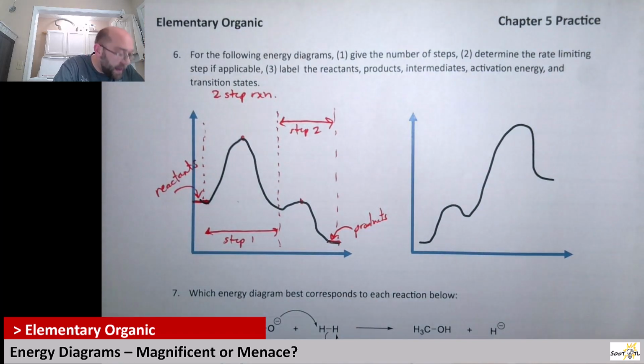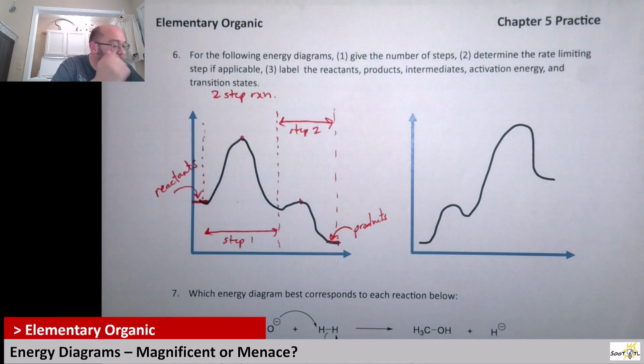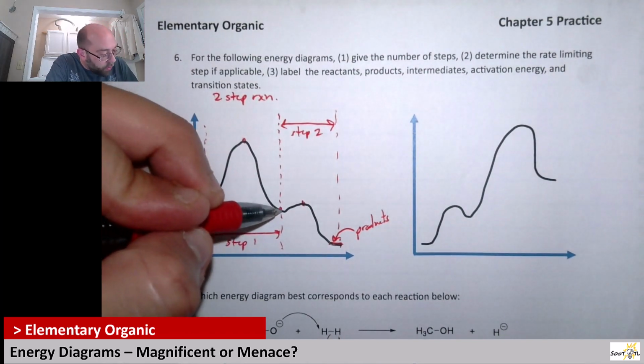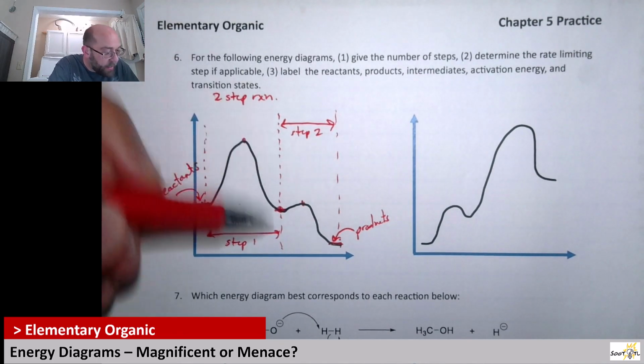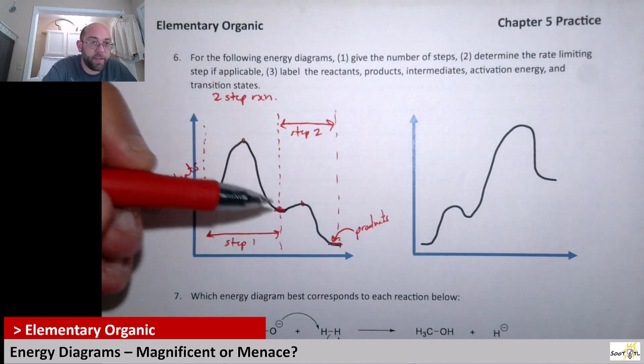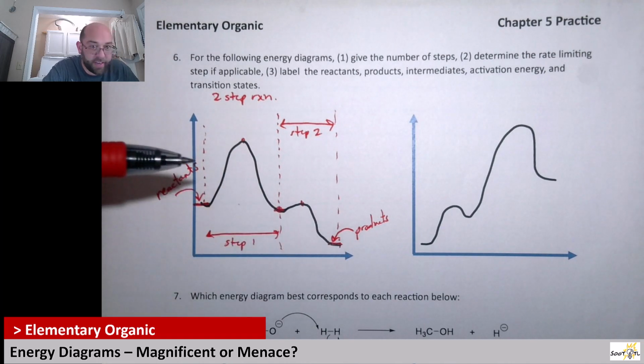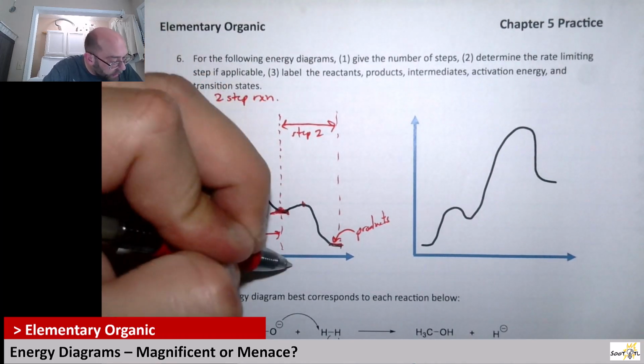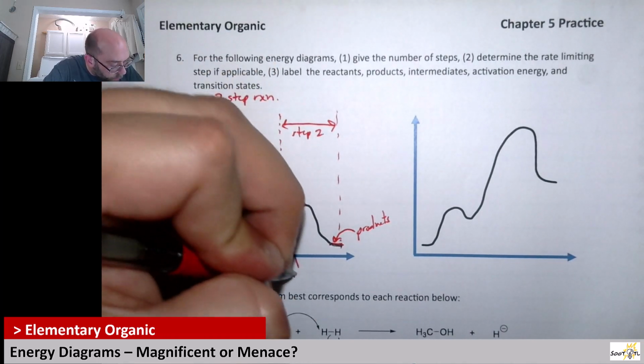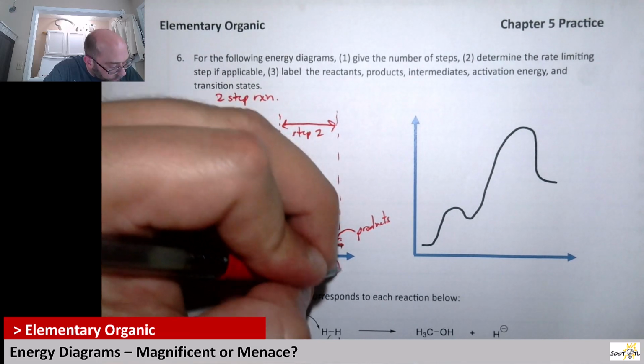Now, your intermediates are this area right here, in the middle of the steps: the end of the first step, the beginning of the second step. So this area right here is where we would find our intermediate.